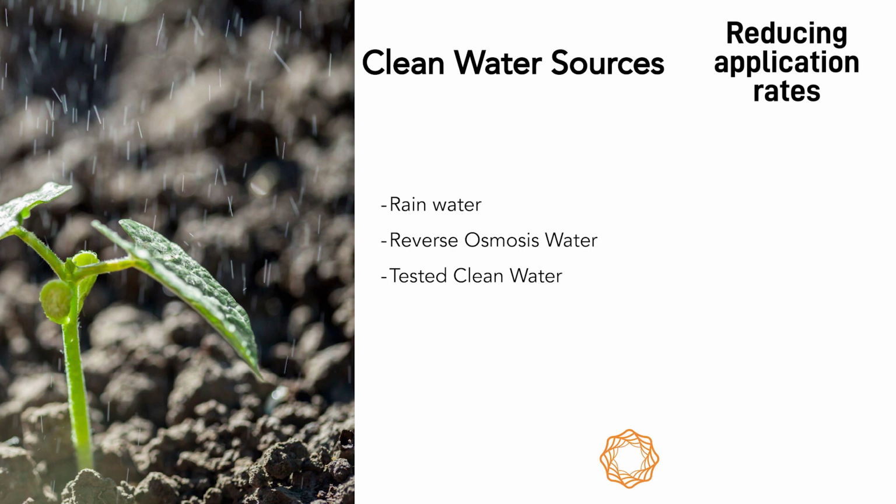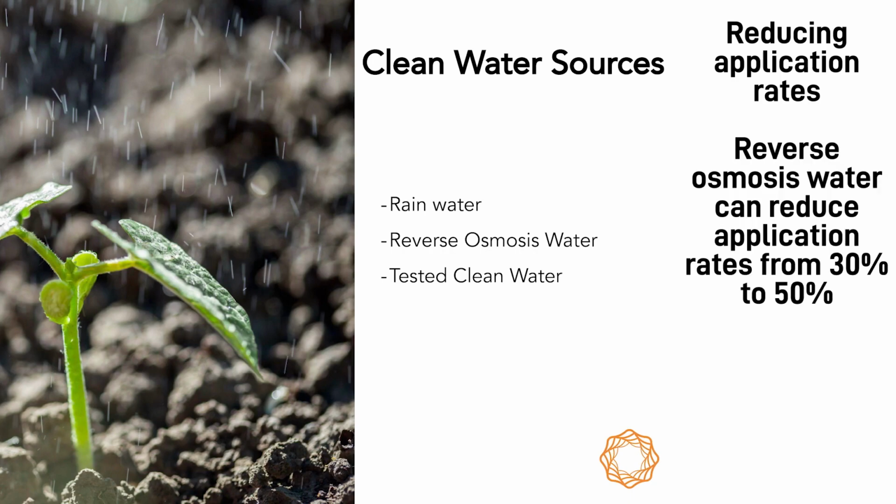But using reverse osmosis water, it's not uncommon. In fact, I would say it's very common for growers to switch to begin using reverse osmosis water and cut product application rates in their foliars from 30 to 50% and produce an equal or greater crop response than they have in the past. It's a very common response. So that can mean a substantial savings from product application costs.